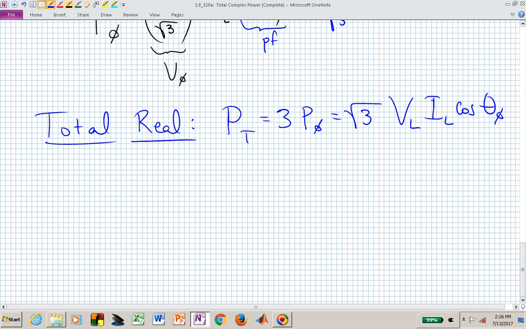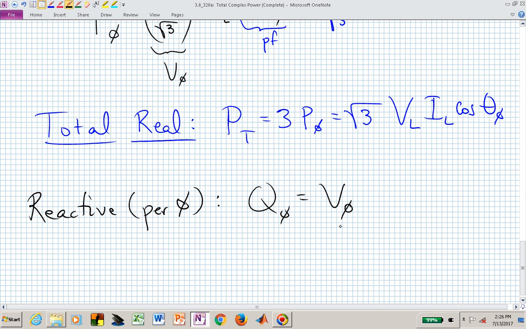And I think you can see that the reactive power per phi is going to be the same. Q sub phi is now the magnitude of the phase voltage times the magnitude of the phase current sine of theta sub phi.